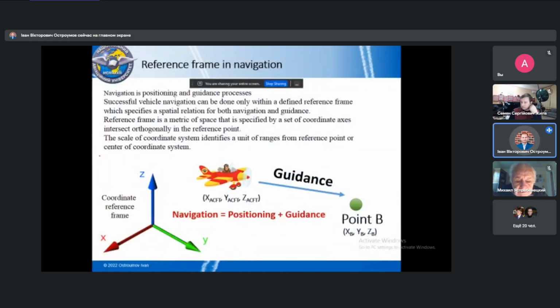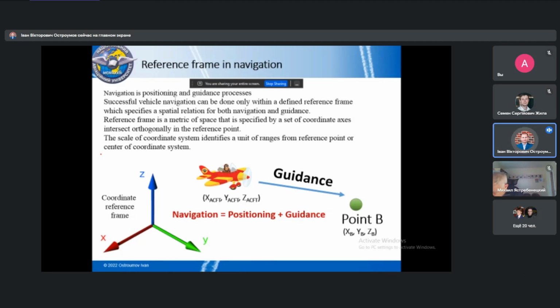First of all, let me tell you a few words about navigation. Actually, navigation means a positioning and guidance process, because to know the way of your movement, first of all, we need to detect where we are.